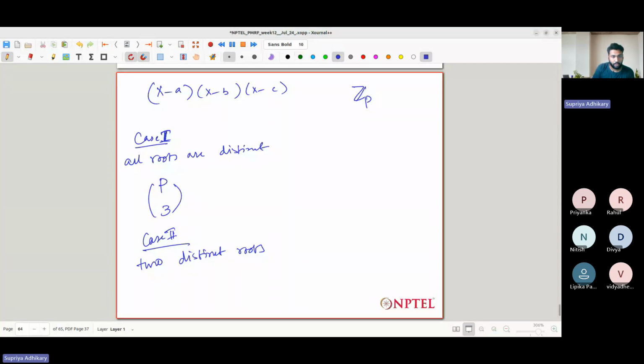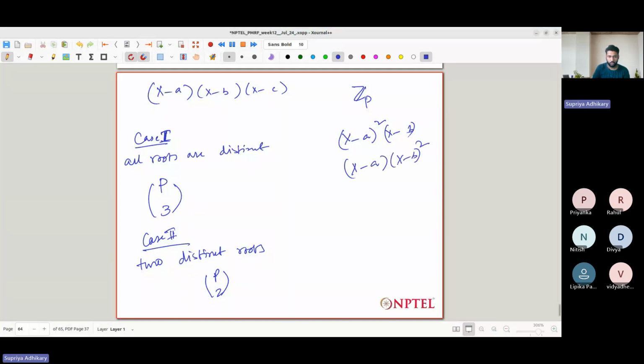So if there are only two distinct roots, those two distinct roots can be chosen in P choose 2 ways anyway. Okay, and after choosing that, let's say A and B have been chosen in P choose 2 many ways, now there can be two polynomials of this form. Either this can be one form, or the other form can be like this.